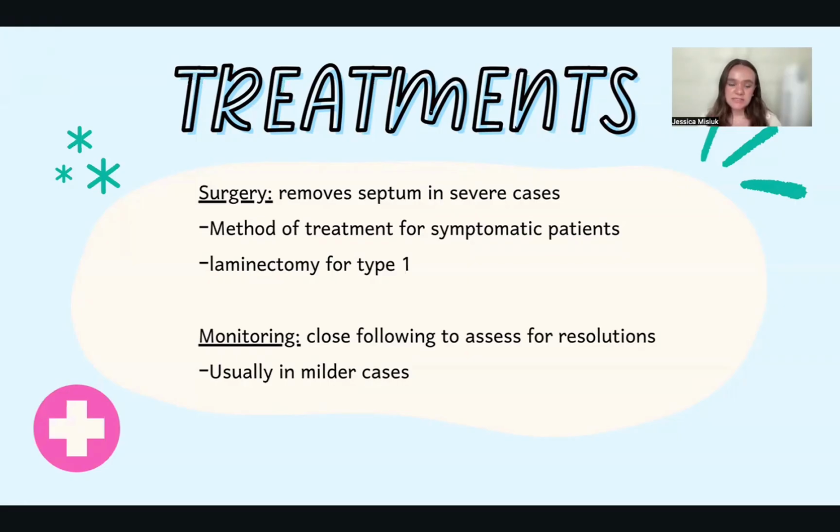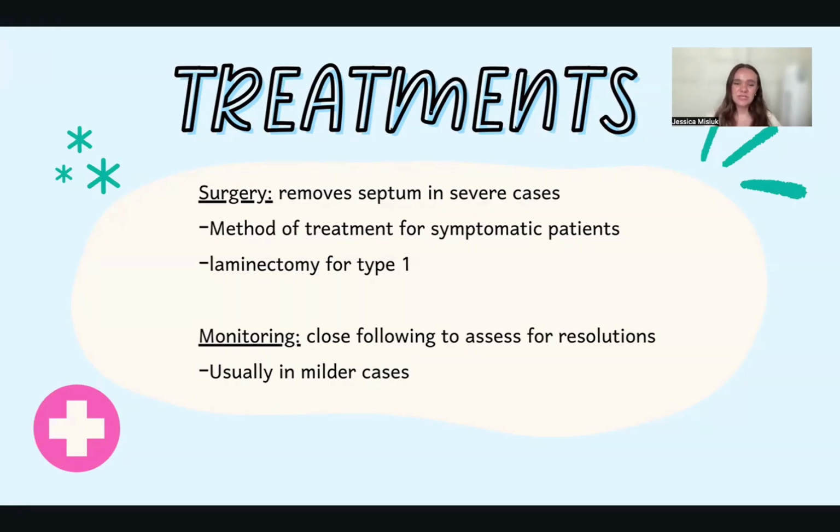Monitoring is usually for type 2 diastematomyelia, because with type 2 and softer septums, you don't usually present with super symptomatic patients, because it doesn't compress the cord as much as bone might.